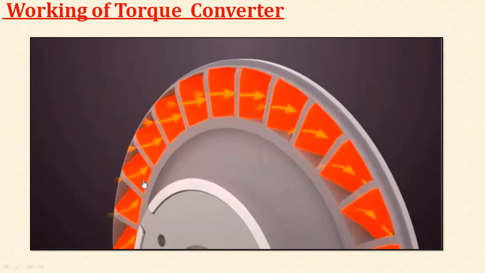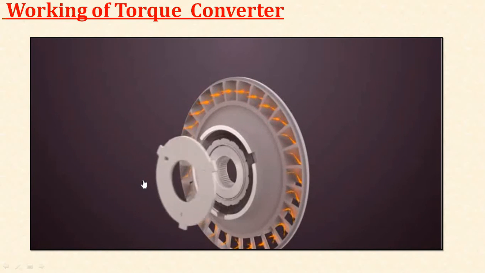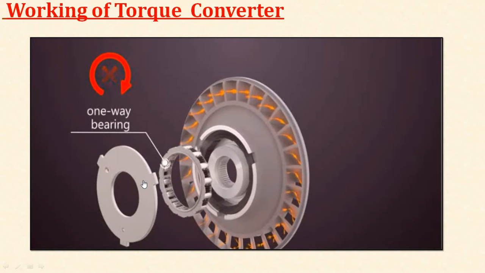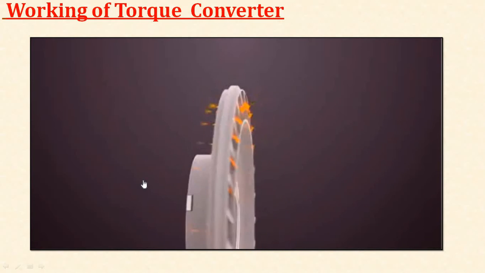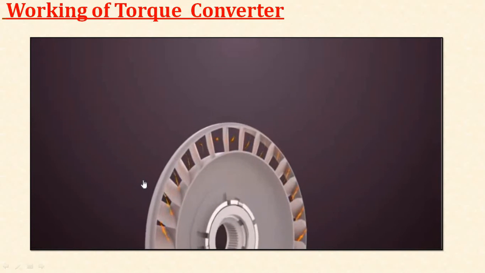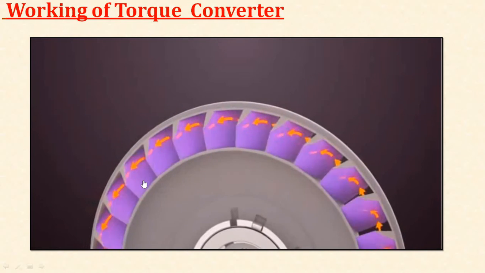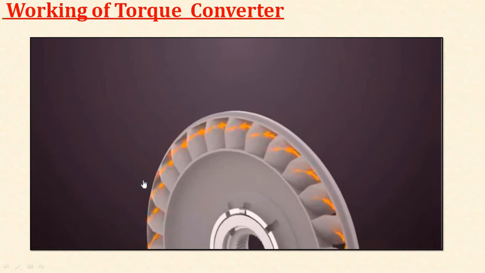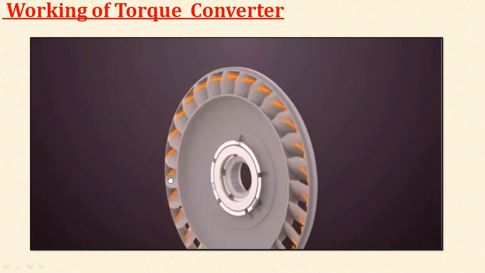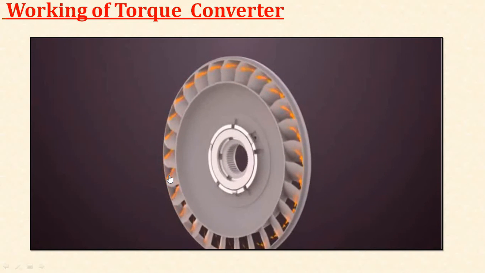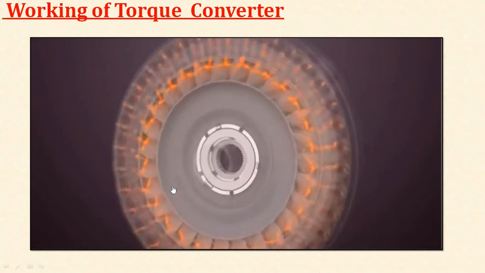The oil would enter the impeller directly and push the impeller in the opposite direction, causing a loss of power. This is avoided by a stationary stator between the impeller and turbine, which changes the direction of the oil suitably. The stator continuously redirects the fluid oil leaving the turbine, so it strikes the impeller in a favorable direction, the same direction in which the impeller is turning.